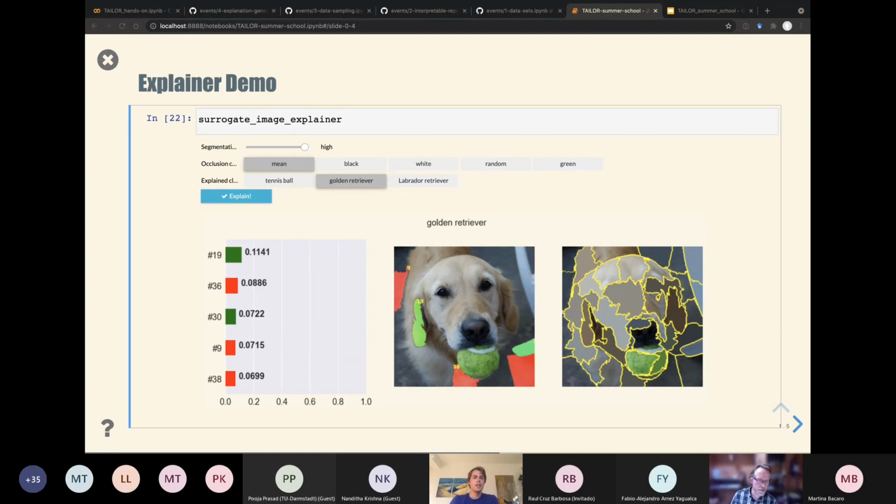So should it then be minus 0.07 for one of them and plus for the other? Yes, the number is absolute, and the color indicates whether it's negative or positive, whether it's a minus or a plus. I see, so here you rank them on absolute value. Yes, because we are interested in importance, in the magnitude. Is it a big contribution or a small contribution? And then the secondary criterion is, is it a positive contribution or a negative contribution?